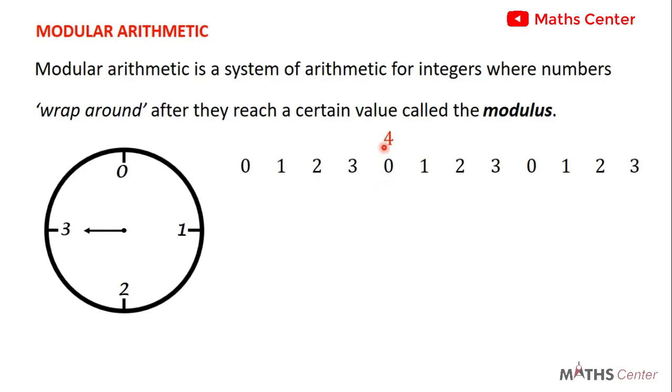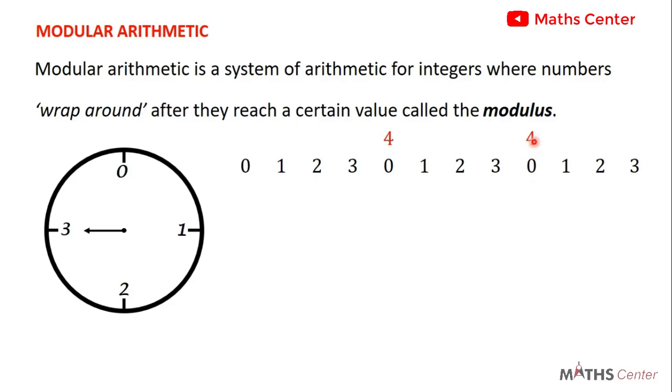When we get to the number 4, the numbers will wrap around or they will end, and then we begin the whole process all over again, counting from 0. So when we get to 4, we will have 0, then 1, 2, 3.